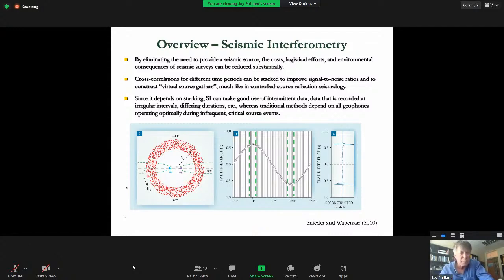This is a pretty famous figure at this point that illustrates the idea with a numerical experiment. You've got two receivers, XA and XB, and a whole bunch of sources distributed randomly, but also pretty comprehensively around them.